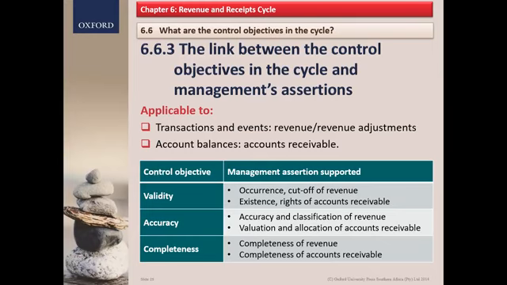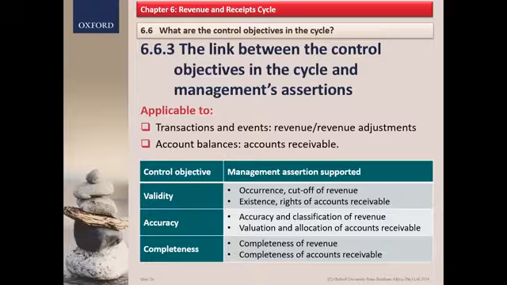So we have to look at the link between the control objectives in the cycle and management assertions. If you go to your book and look at the issues pertaining to the data, it's on page 210, you will see what we actually mean by linking them together.